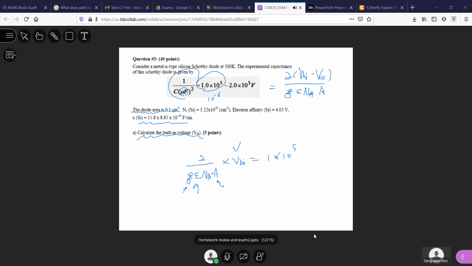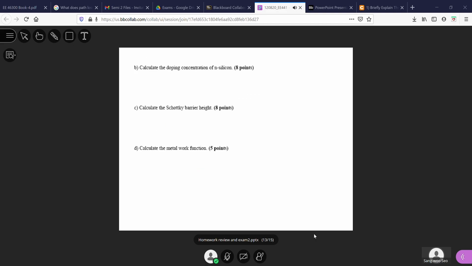So if you correlate this with the calculation, you can obtain ND. You can calculate the doping concentration of the silicon. So using that relationship, you can calculate the doping.